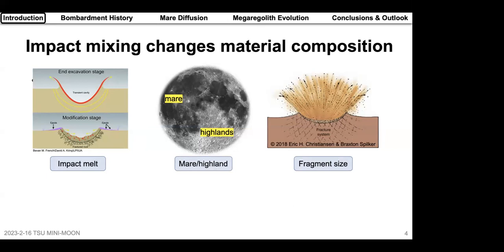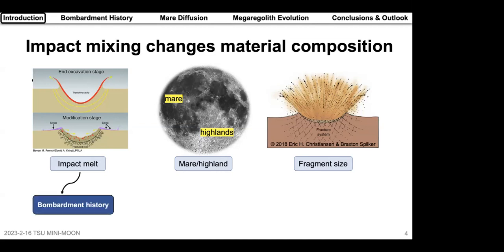Now the question is why it is necessary to understand how impact cratering and cumulative impact cratering affect these different components, and their spatial and abundance distribution. Because if we understand their evolution history better, we can use these components to better understand what happened in the past.